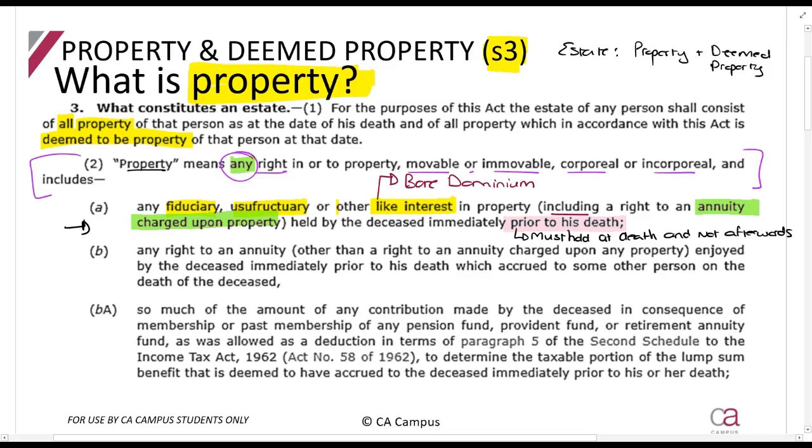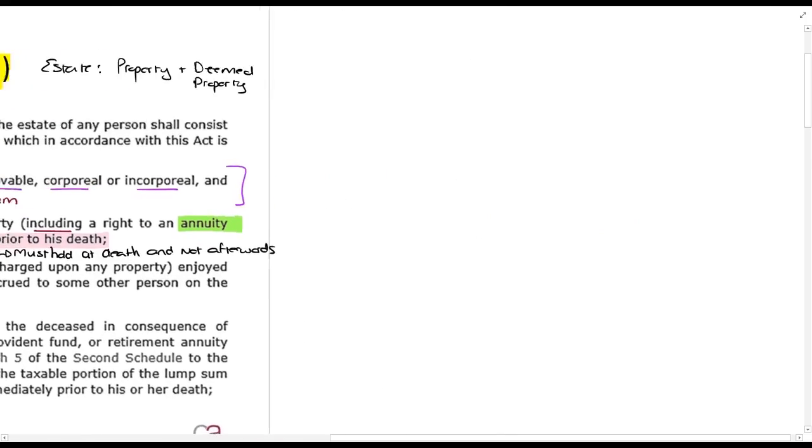Okay, so let's quickly talk about these fiduciary, usufructuary, and so forth interests.